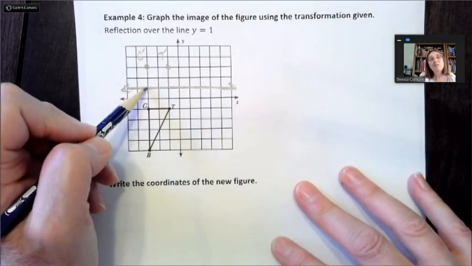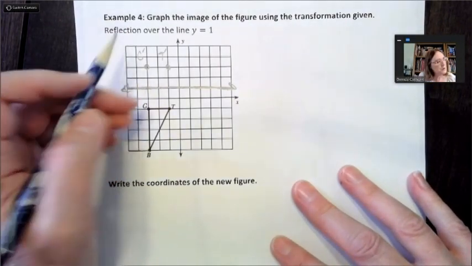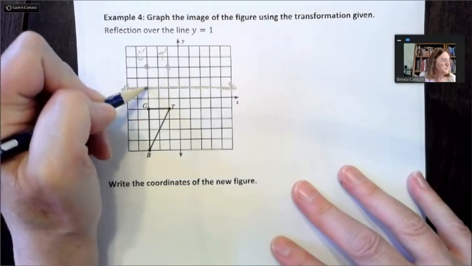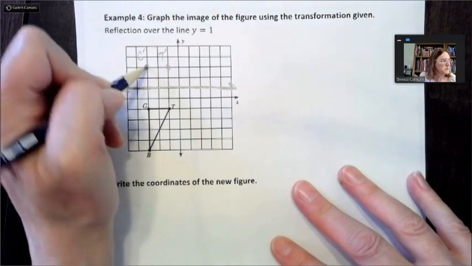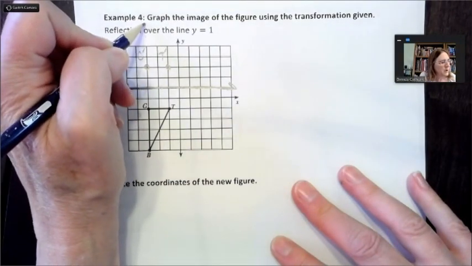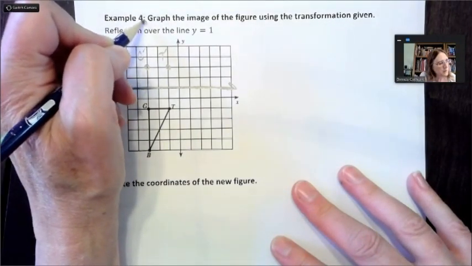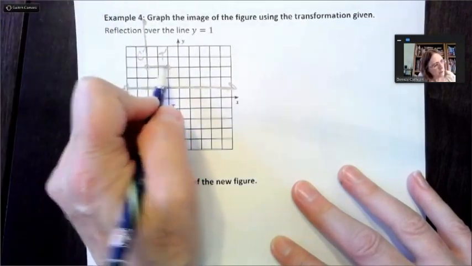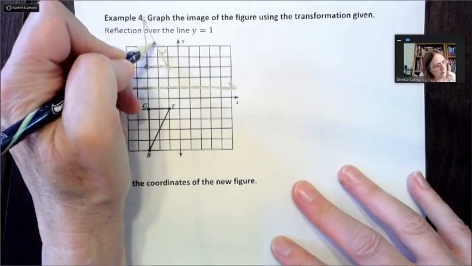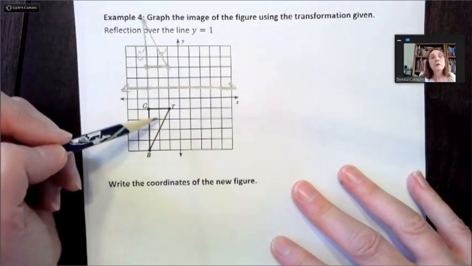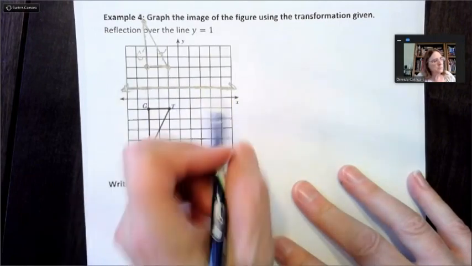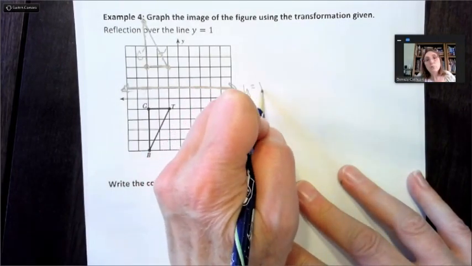We're going to have to go up a little higher than our graph shows, but we can do it. It's 1, starting with our line y equals 1, 1, 2, 3, 4, 5, 6, right about there. And we have a triangle. Again, it's the mirror image of the original triangle, this time reflected over the line y equals 1.